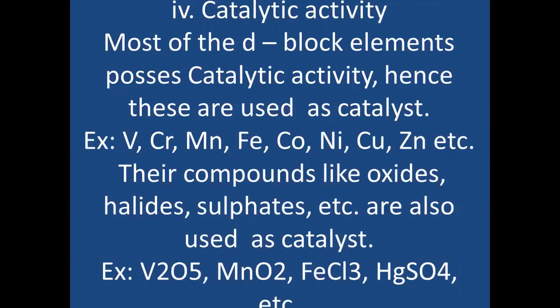So we were talking about how these act as catalysts. As I told you, most of the organic reactions are slow. Why are they slow? Because in organic reactions, ions will not form.